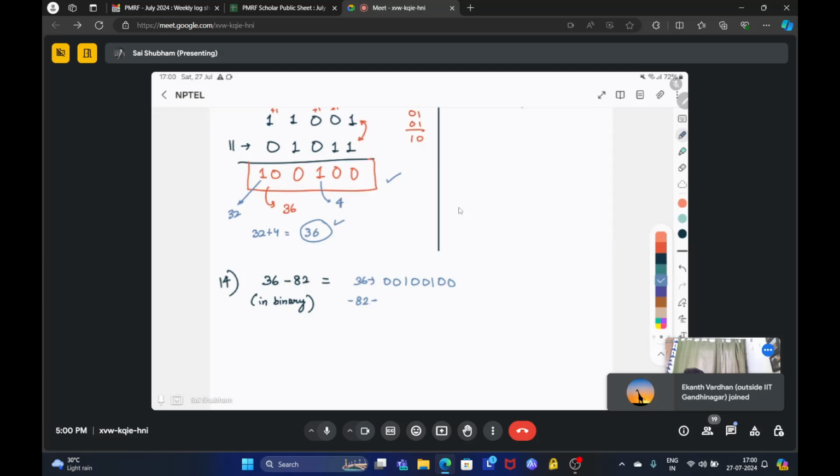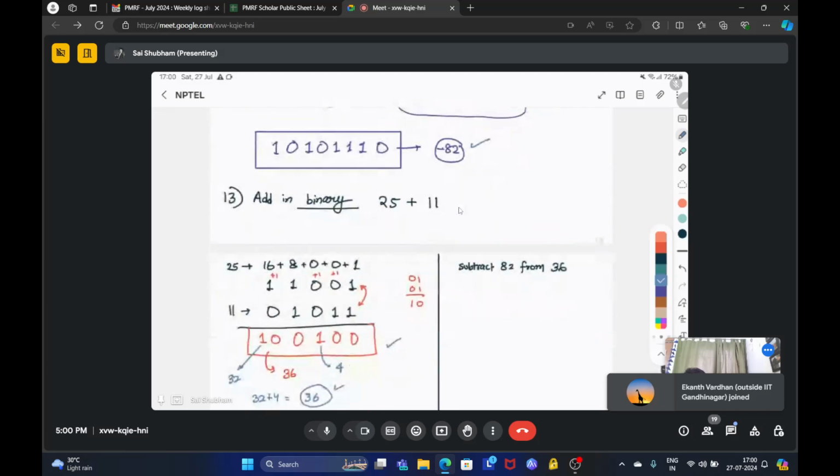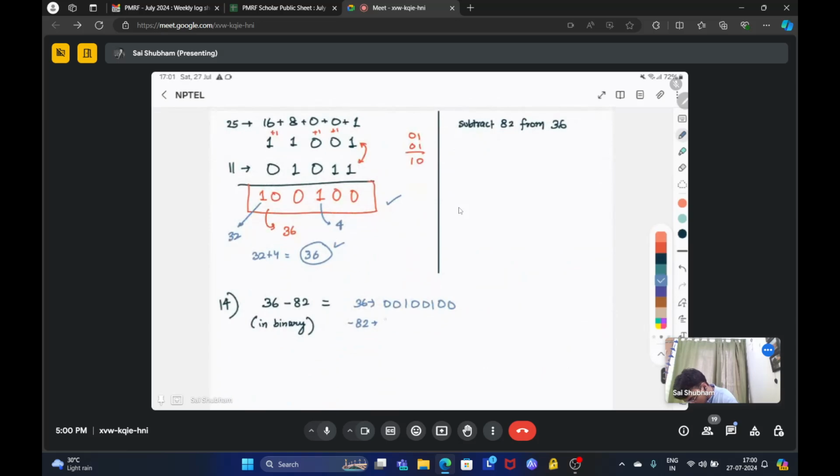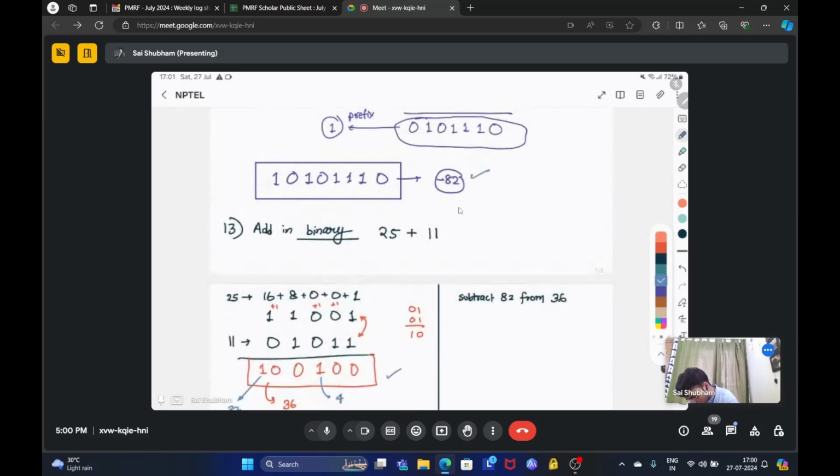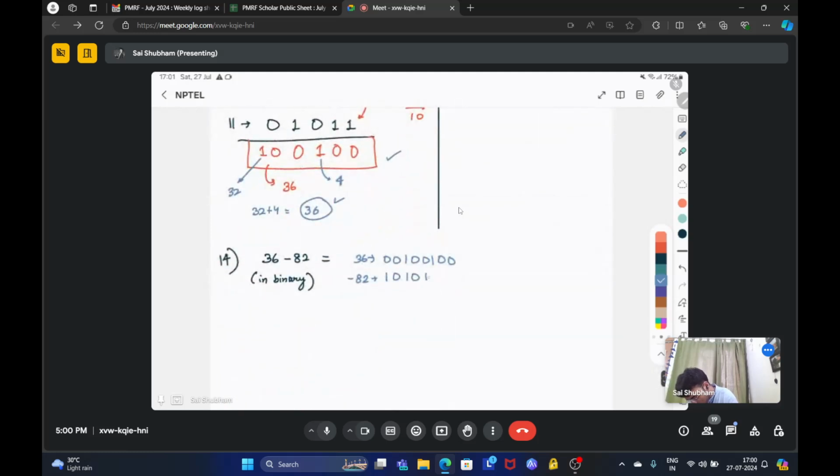Minus 82 is, so we can perform simple addition as discussed above. So it will be 0 plus 1, 0 plus 1, 1, 0 plus 1, 1 and 1. So this is the answer in binary.